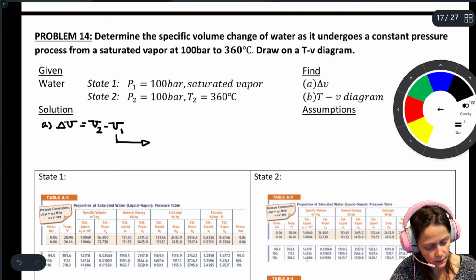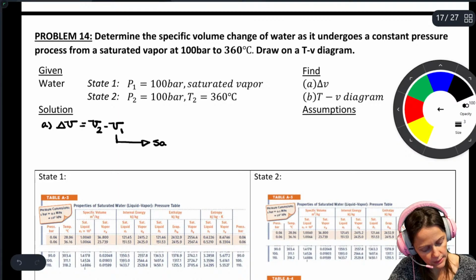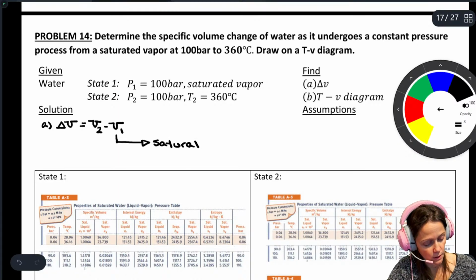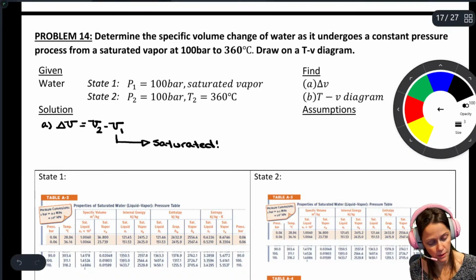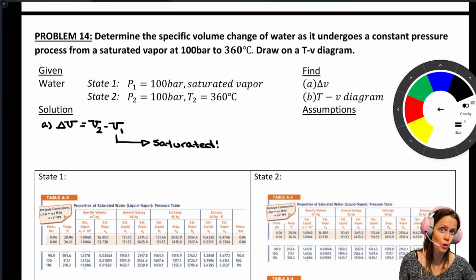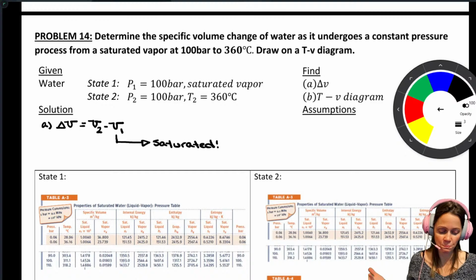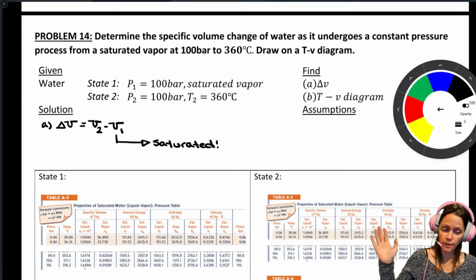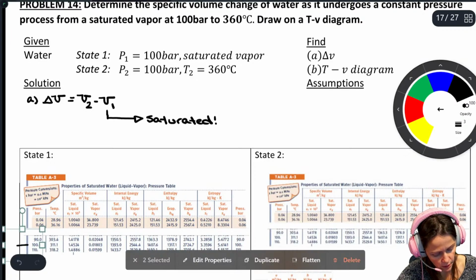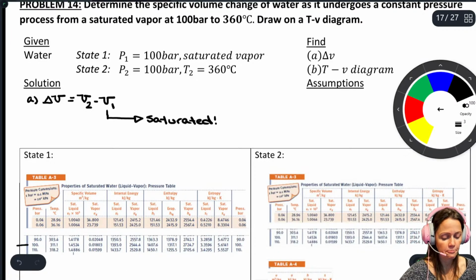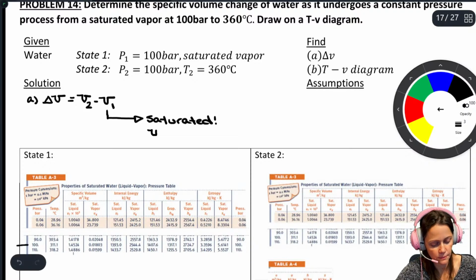So clearly, state 1 is saturated. And more than that, it's a saturated vapor. Even if I didn't know the state of my system, first place I'm going is the saturated tables. So for state 1, going to the saturated tables. Oh, great, I'm saturated because it tells me so. I'm in the right place. So at 100 bar, my specific volume, actually I'll put it down here where I've got a little room.